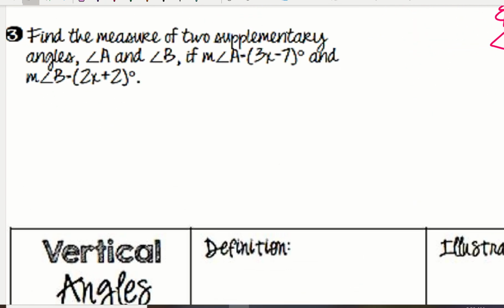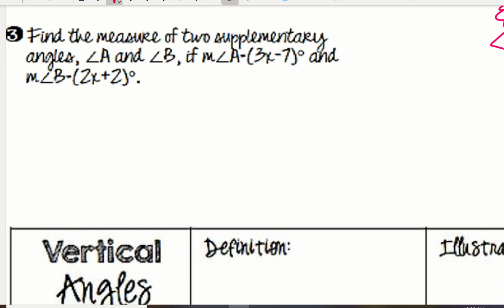Number 3, find the measures of 2 supplementary angles if angle A is 3x minus 7 and angle B is 2x plus 2. Okay, so we're going to work through this one together. I'm just going to call on you for parts, so don't feel like, even though I didn't let you work it previously, it shouldn't be too bad.